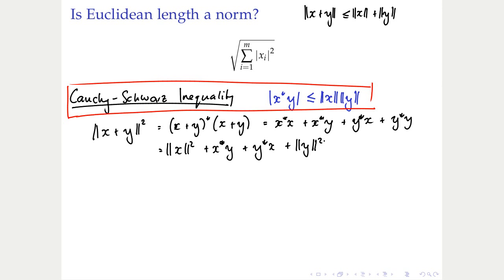Now the norm of x squared and the norm of y squared, they're looking good because we want that kind of thing in our final answer. It's the x star y and the y star x that we want to see if we can do something about. Now these are both complex numbers, and actually they're the complex conjugate of each other. So if you imagine this was a complex number z here, then this here is its complex conjugate.